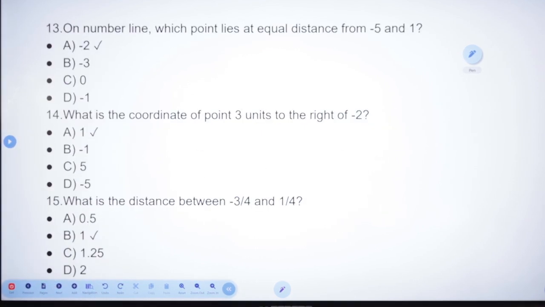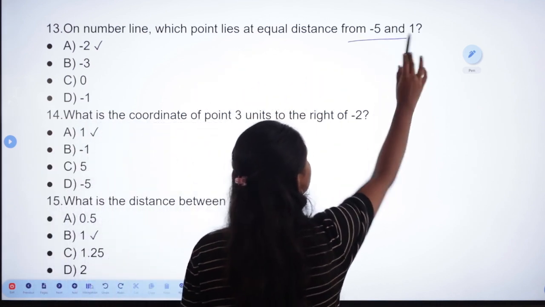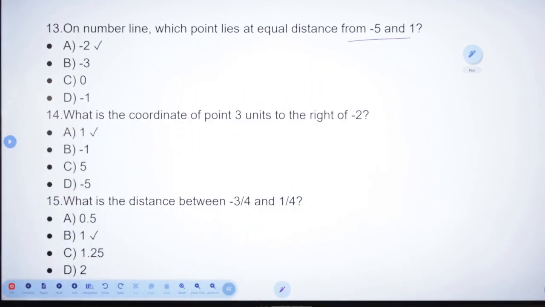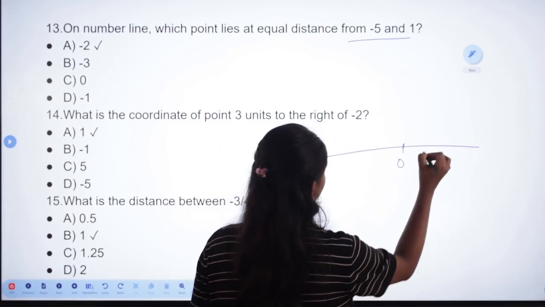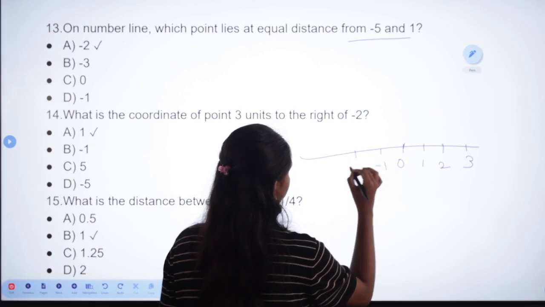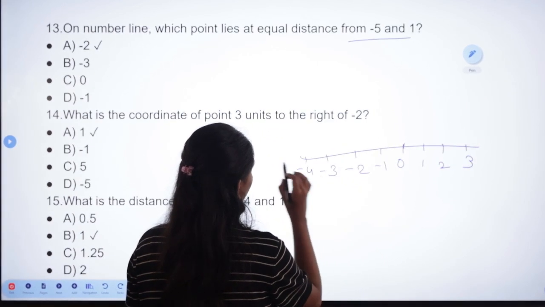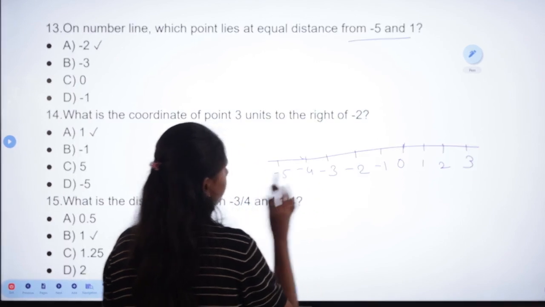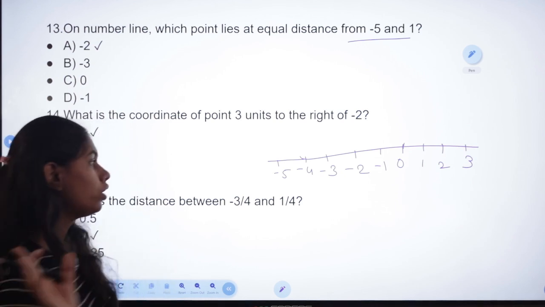The next, on the number line, which point lies at equal distance from -5 and 1? Means what, you have to find out the midpoint. 1, 2, 3. -1, -2, -3, -4 and -5. Now you have to find the midpoint of it. Okay. What is meant by equal distance? That means midpoint of it.